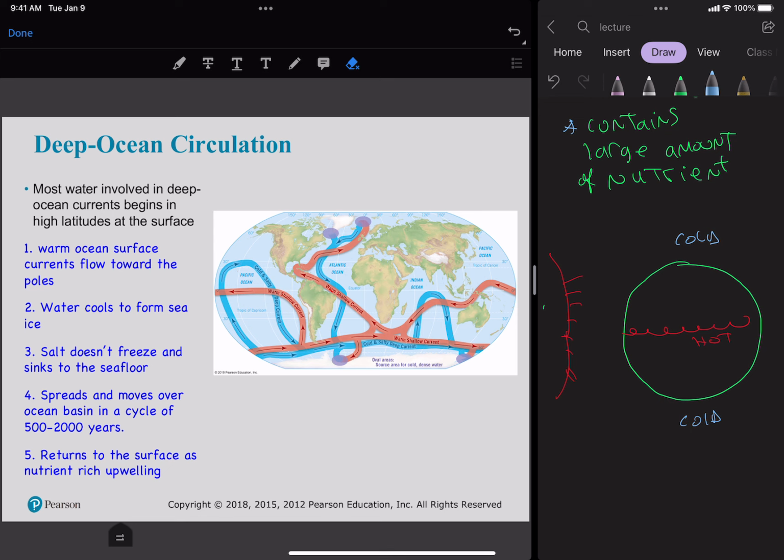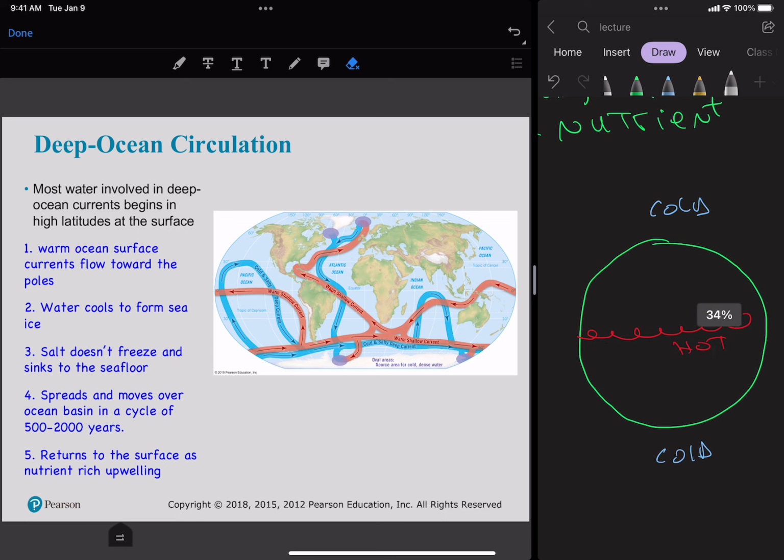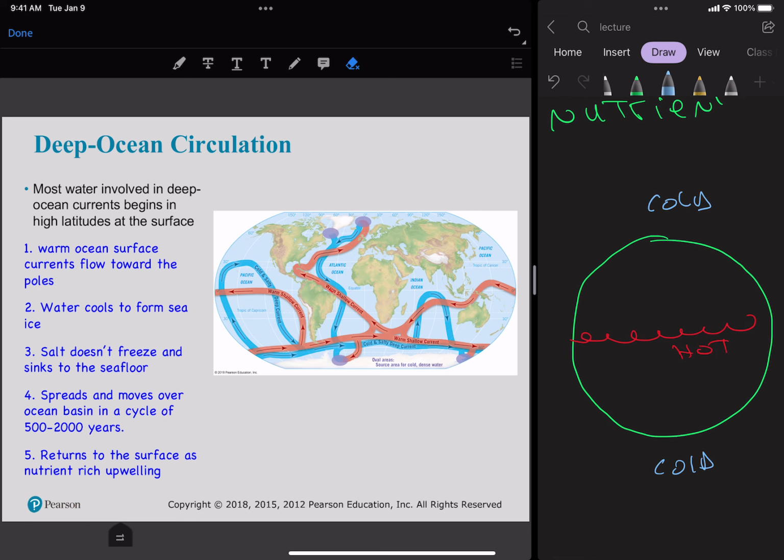So this is a repetition of what we looked at before. The hot water wants to move north towards the poles. So that's this section here. But as it tries to move towards the poles, the Coriolis effect is going to deflect it towards the right, so it winds up here.